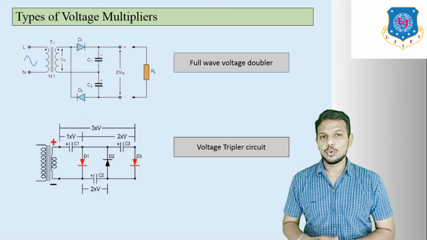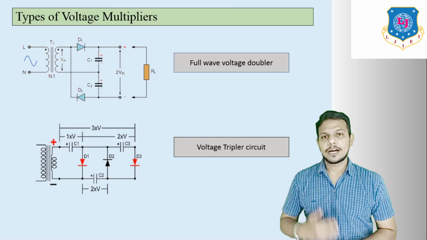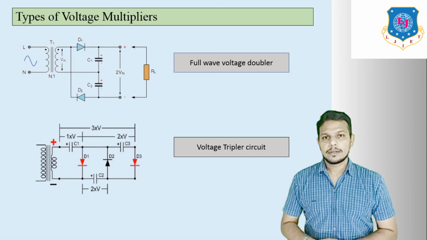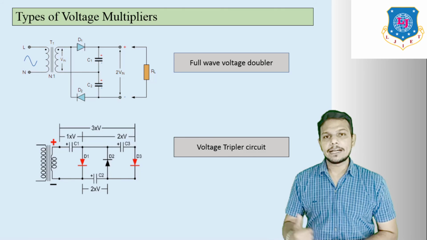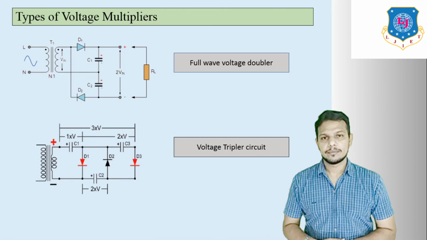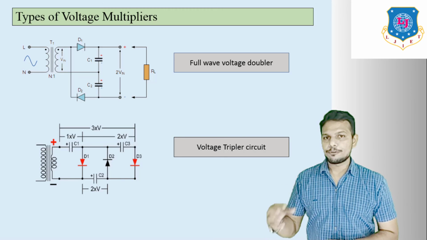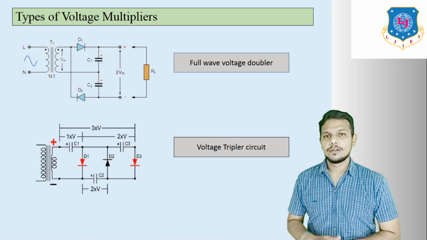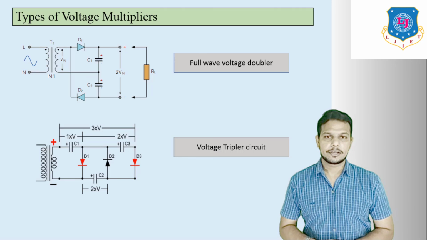Then comes the voltage tripler circuit. Here, if we add one extra diode, due to this addition we will get three times Vm. So if you enter 5 volts at the input side, then at the output side you will get 15 volts in the tripler circuit.